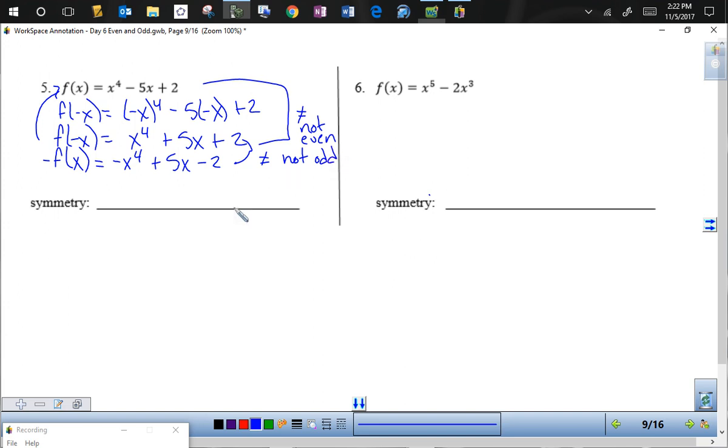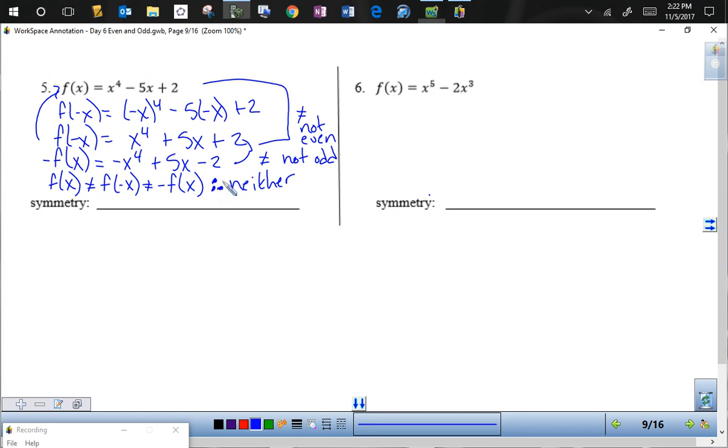So that means it's neither. We're going to say f of x was not equal to f of negative x, was not equal to negative f of x, therefore neither.